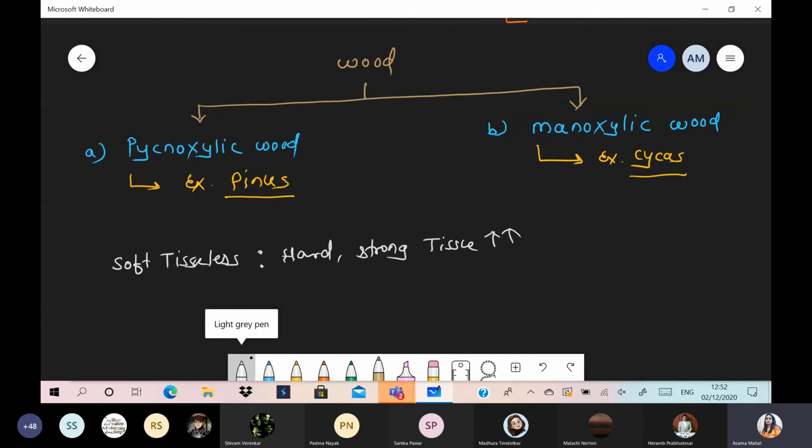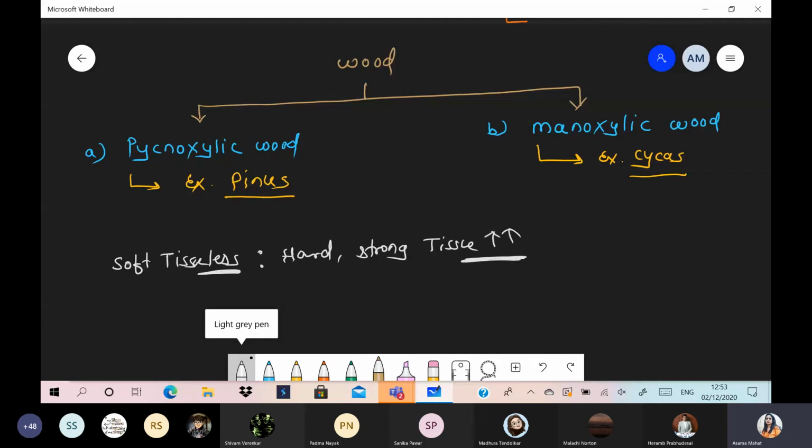Such type of condition. See, remember this thing. What is the meaning of pycnocyclic? Soft tissue present in less amount. And whenever we are talking about the hard and strong tissue, they are present in high amount.